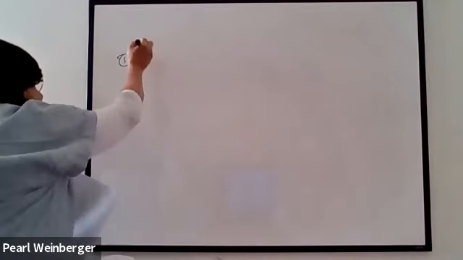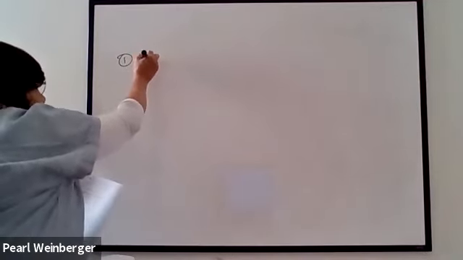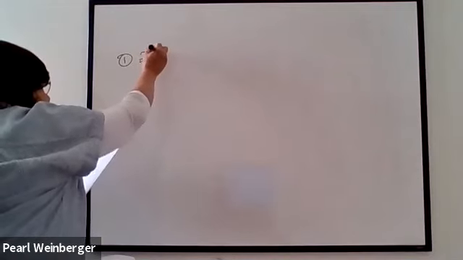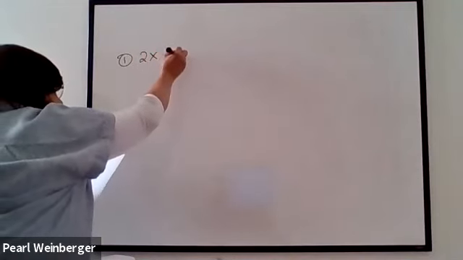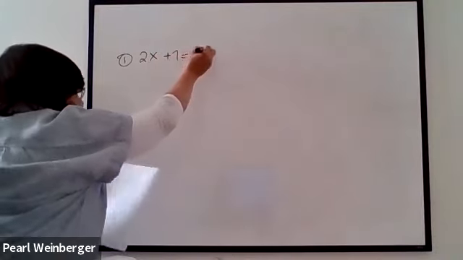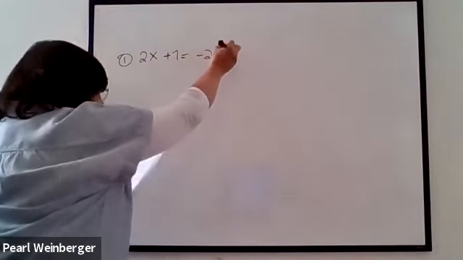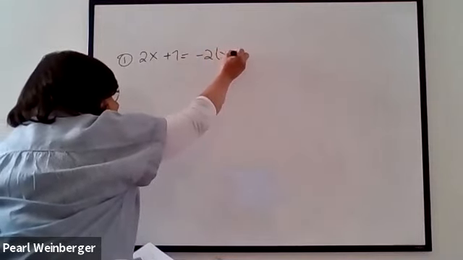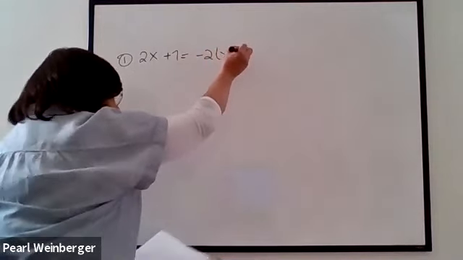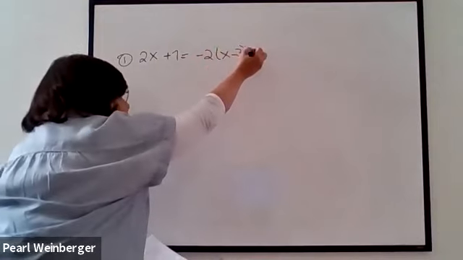Suppose I gave you this equation to solve: 2x plus 7 equals -2 times (x minus 3), plus 1.